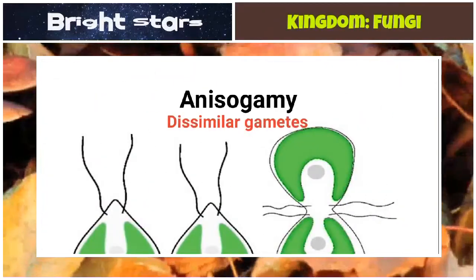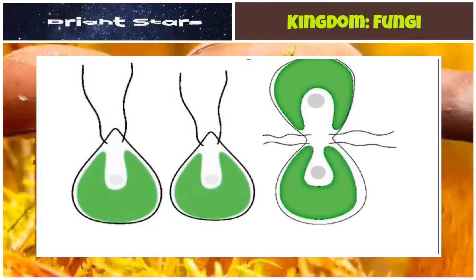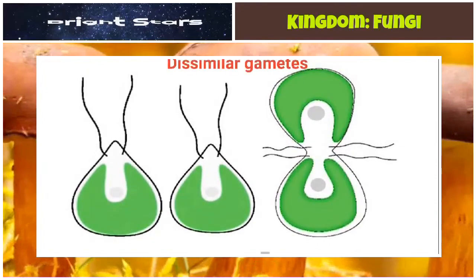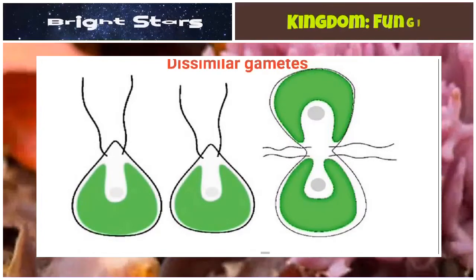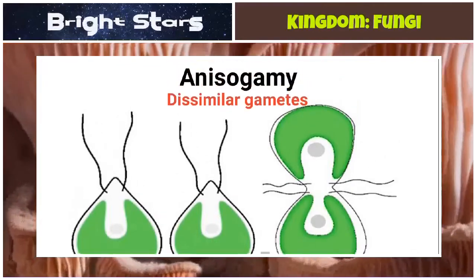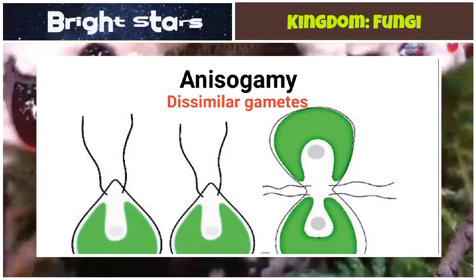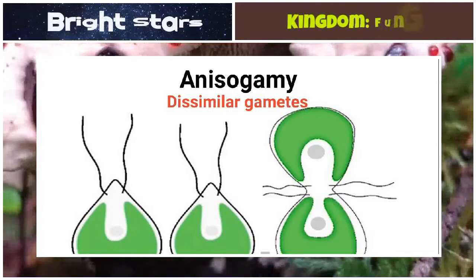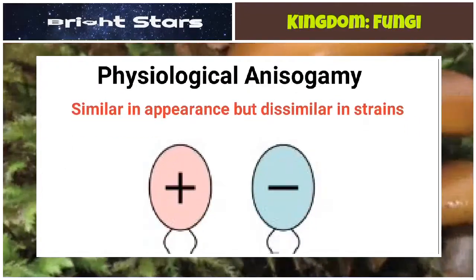So next, anisogamy. Here gametes are of two different sizes. If the gametes' appearance is different and sizes are different, and fusion occurs between two dissimilar gametes, we call it anisogamy. Aniso means different. Gamy means union or fusion. Next thing is physiological anisogamy.